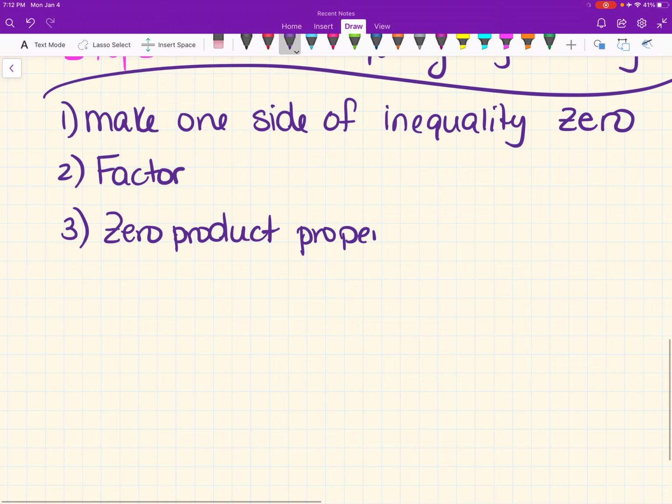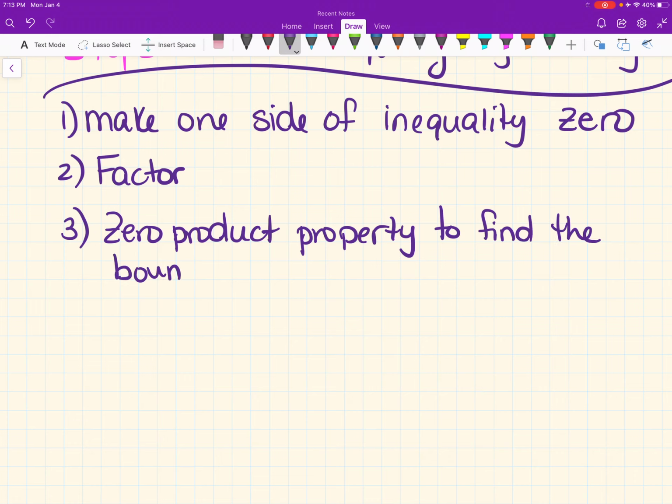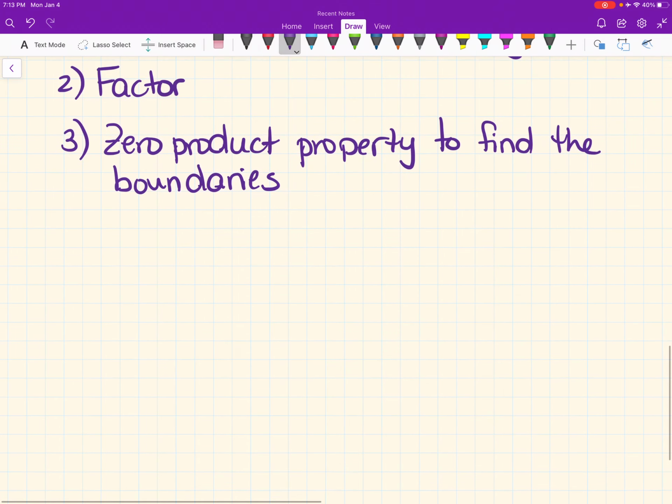Now, it could be difficult and make you do quadratic formula or completing the square to do this, but we're going to stick with just where the answers are whole or fraction numbers, so you don't have to worry about irrationals. Zero product property to find the boundaries. That's what this is going to give us. We're going to put the boundaries on a number line.